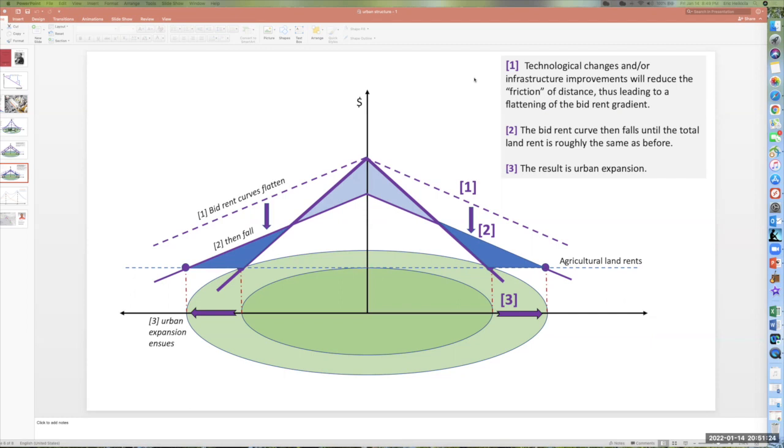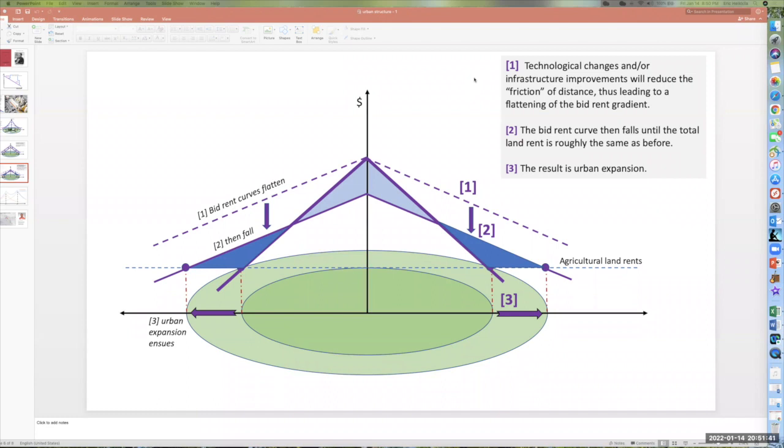So there's a twofold element here to how the bid rent curve changes, as shown here. The first is that the bid rent curve becomes flatter, right?